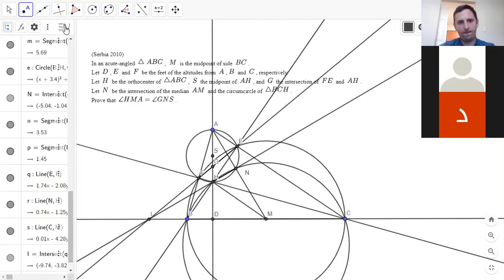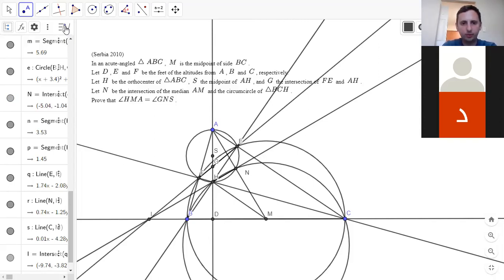Okay. So if S is the midpoint of AH, then SG times SD equals SH squared, which equals SN squared. So triangle SNG is similar to triangle SDN.